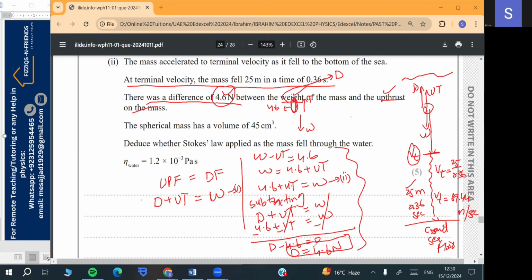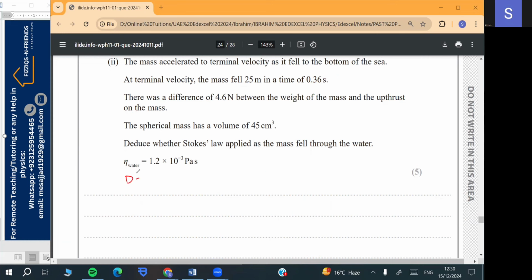Now we have the drag force and the terminal speed. I will write it separately. The drag force here is 4.6 Newton, and the terminal velocity here is 69.44 meters per second. Now we need to see whether Stokes law applies or not. If Stokes law is applied, what should our answer be?